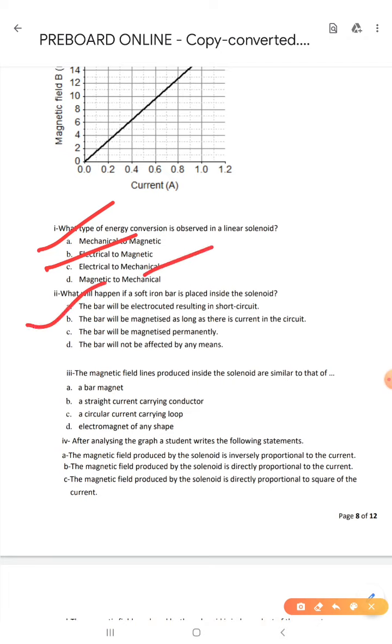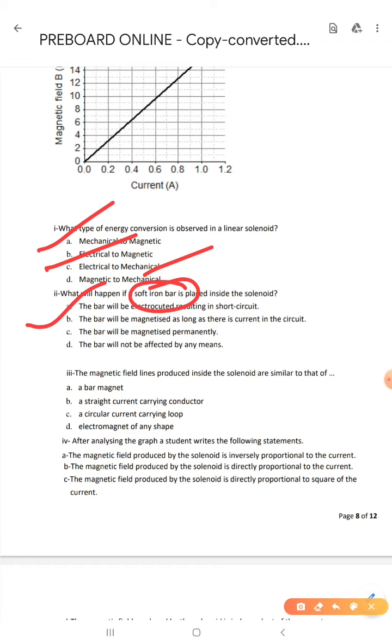Now another one was, what will happen if a soft iron bar is placed inside the solenoid? As we know, this is a temporary magnet also, this is the definition of a temporary magnet. When we apply current, then it is magnetized, and when we stop the current, then it loses its magnetizing power. Got it?